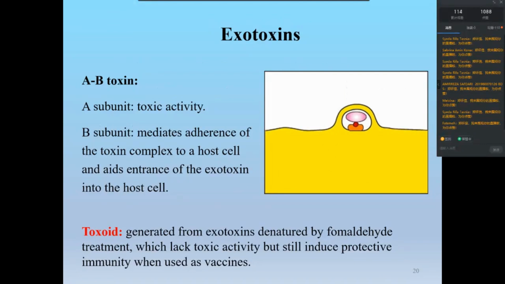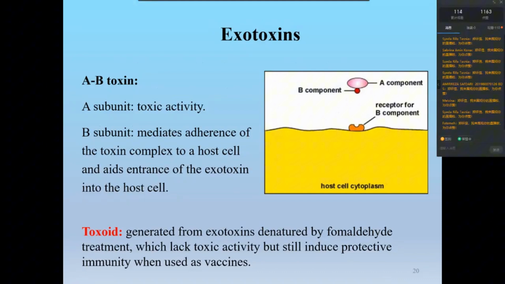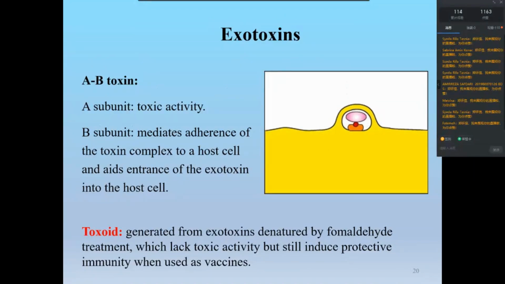But we need to get rid of the toxic activity. We can treat an exotoxin to remove the toxic activity, but still maintain the antigenic activity, so that we can use that modified molecule as a vaccine.